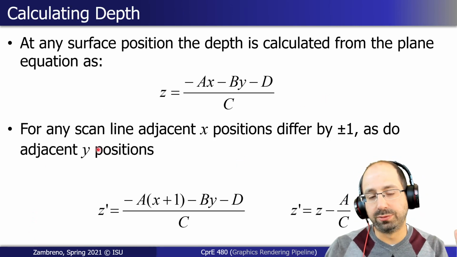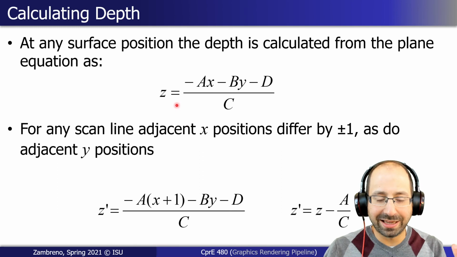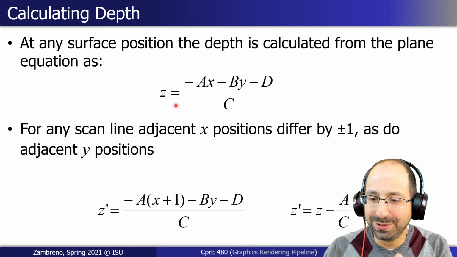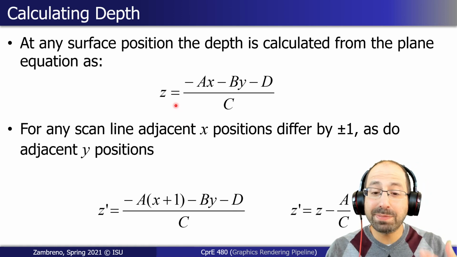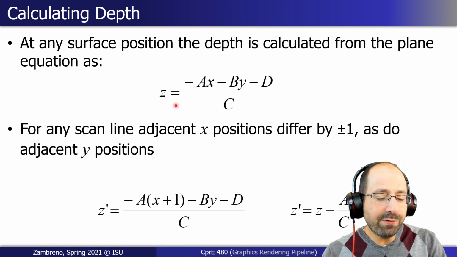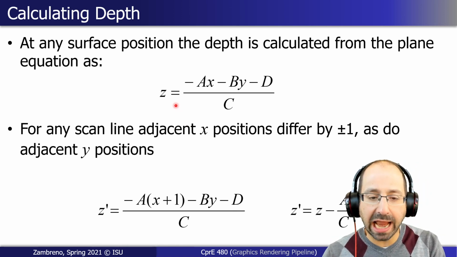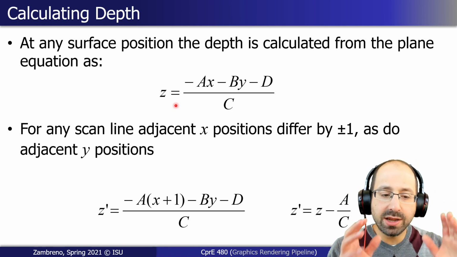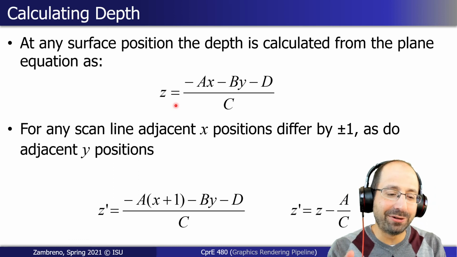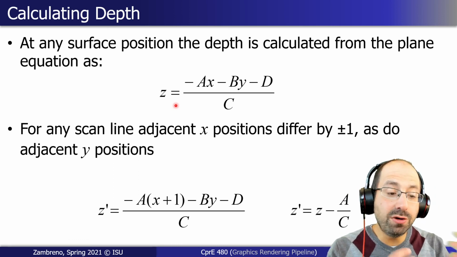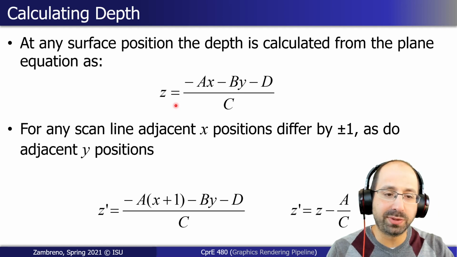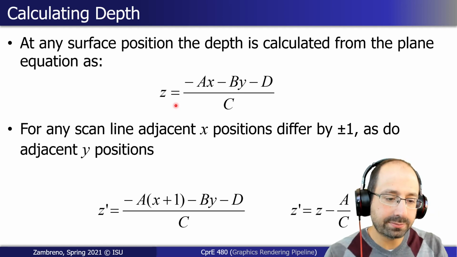And all this is really saying is, given the plane equation for a triangle, we're already doing this in MP2, or at least you're on your way. The depth information, while we think of it as positional information, and it is, it's positioned in a three-dimensional space. We know that we're drawing in a two-dimensional screen ultimately, but we use that depth information as an attribute to be interpolated like anything else.